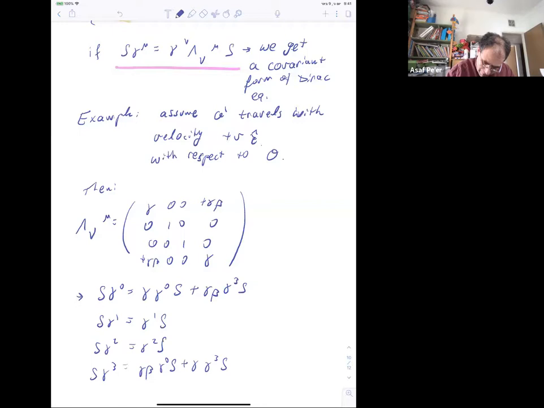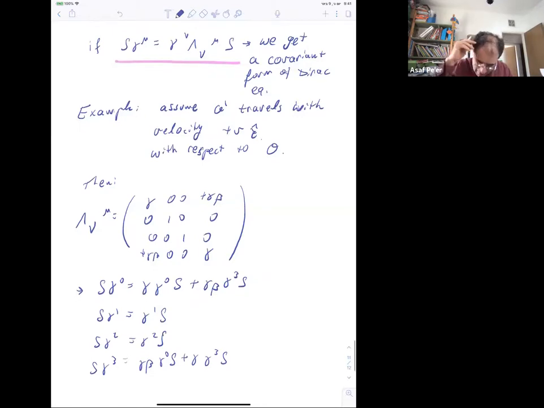Because gamma is the Lorentz factor and gamma with an upper index is the gamma matrices.